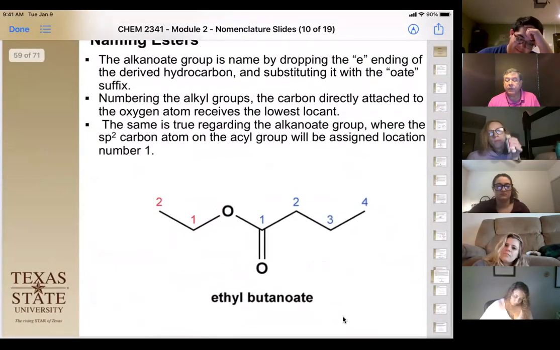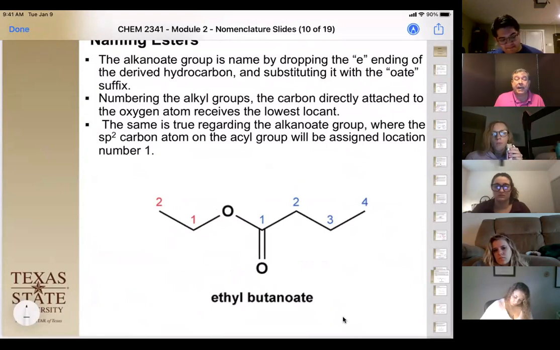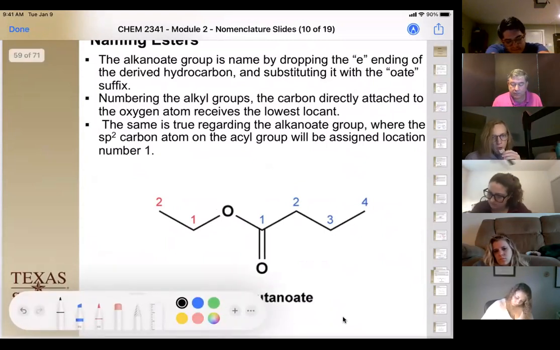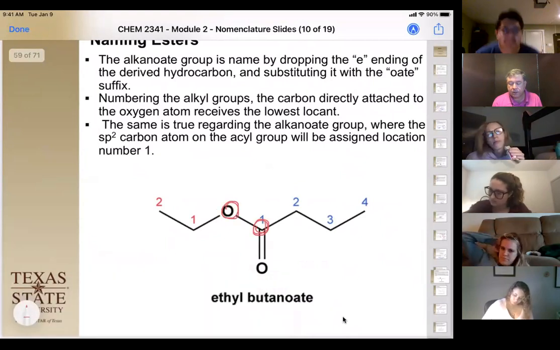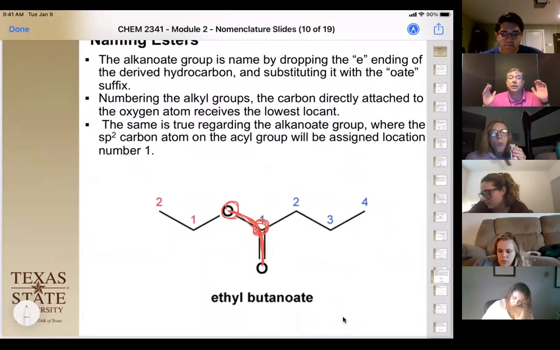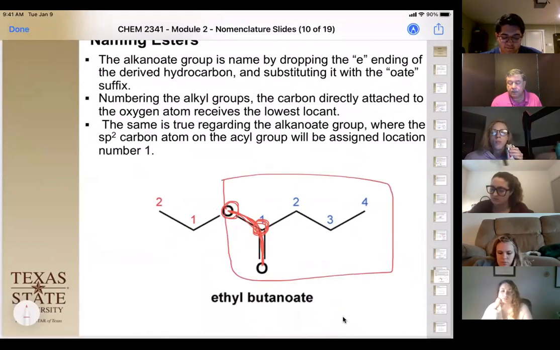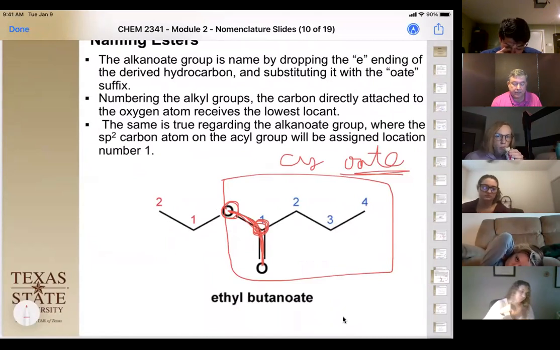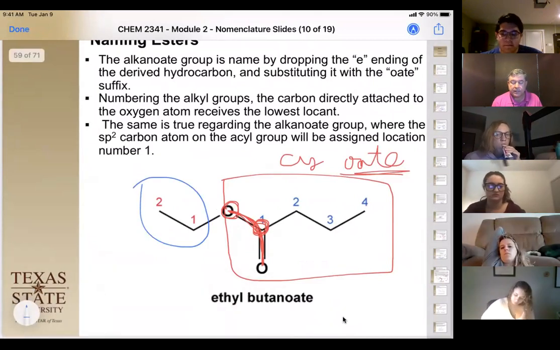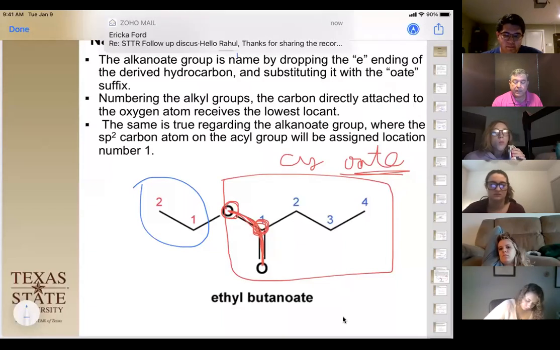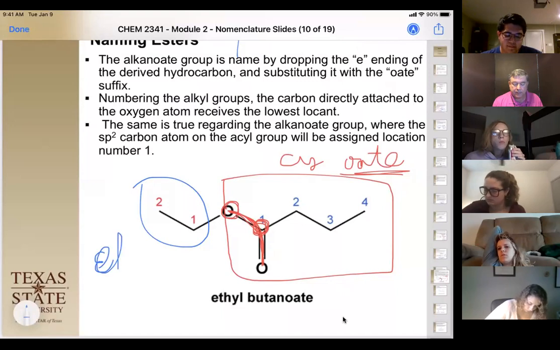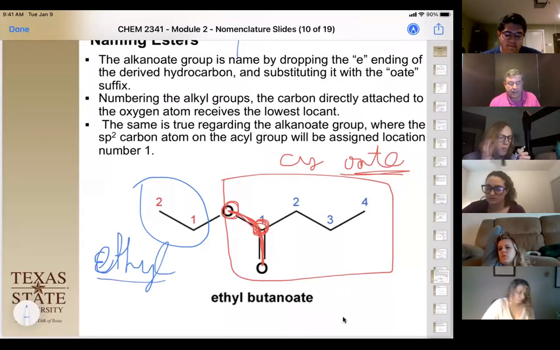Right here. What we have to do first when we look at an ester is figure out which side is the carboxylic acid. Okay, so the first thing we look for is where is the oxygen and where is the carbonyl? This right here is our carboxylic acid part. So the oxygen and carbonyl are the carboxylic acid. What that means is that this half is the carboxylic acid and will have the oate part on it. And that means this is the substituent. So in this case, we have 2 carbons in our substituent. So we have ethyl, because it's a 2 carbon substituent. And we have 1, 2, 3, 4 carbons.